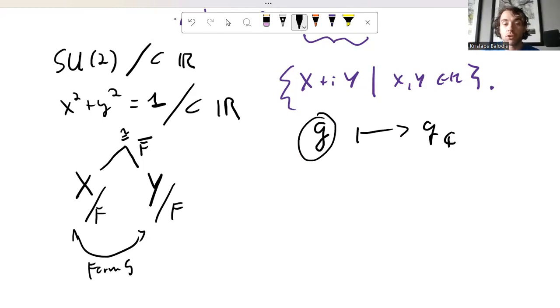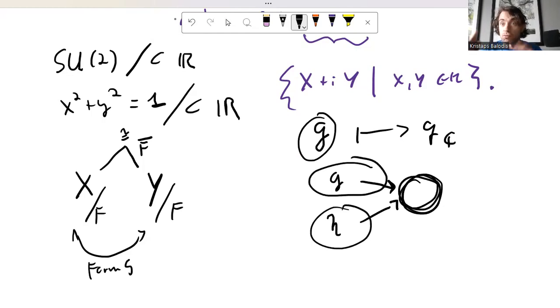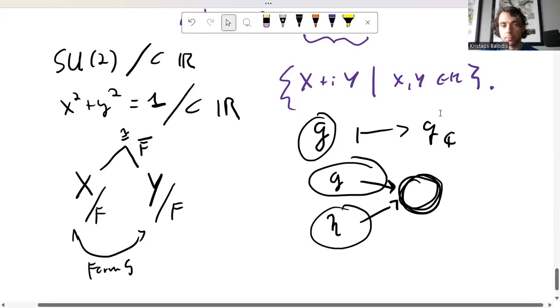So you might wonder, what if I have two Lie algebras and when I complexify them, I get the same thing? What relationships do those have with each other? And by going down to either one of these real versions, or real forms, what different information do these real forms capture? So that's where this idea comes from.